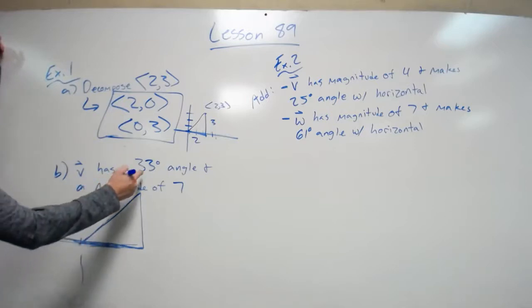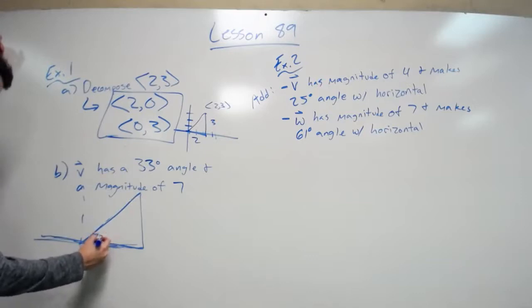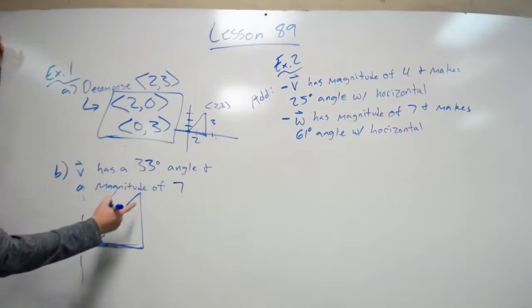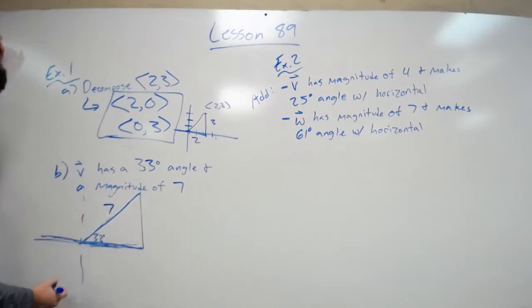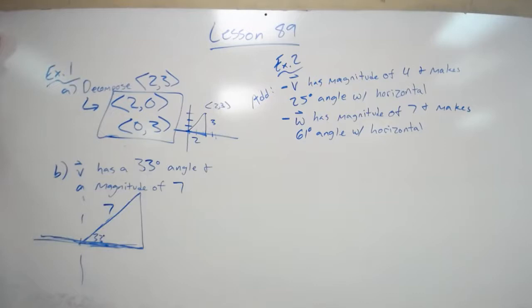The 33-degree angle represents this angle of elevation here. That's where the 33-degree angle belongs. What the magnitude represents is the hypotenuse. It's basically the overall distance, or the overall vector.